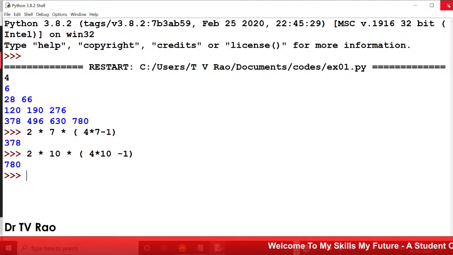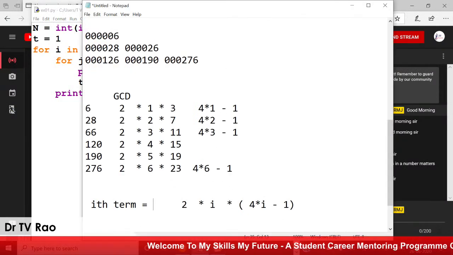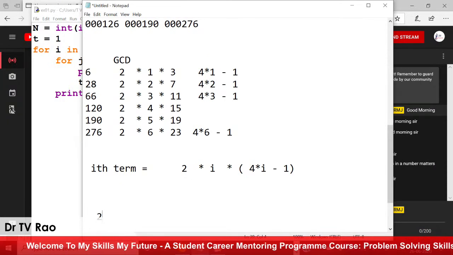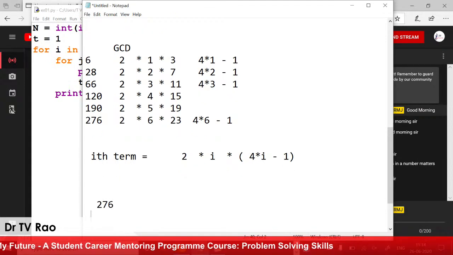Now we need to pad up numbers. Okay. How do you pad? So you take 276. Find out number of digits.